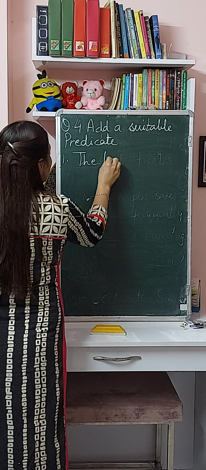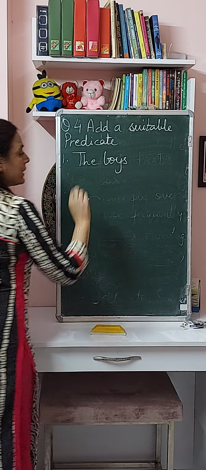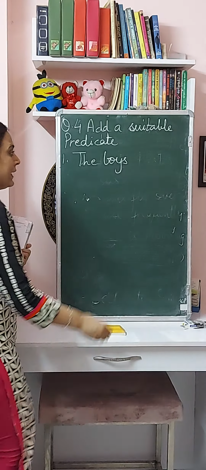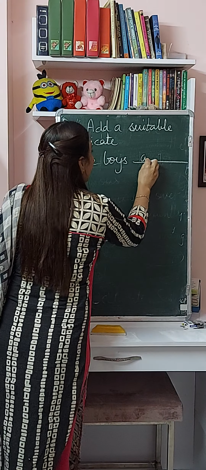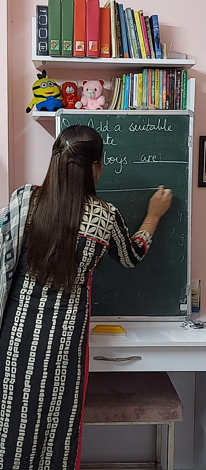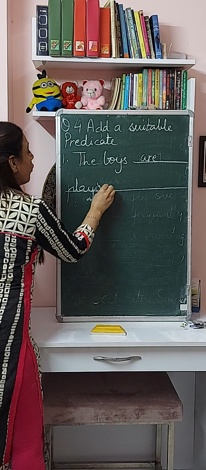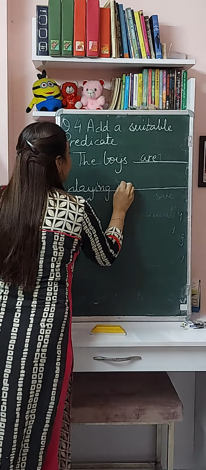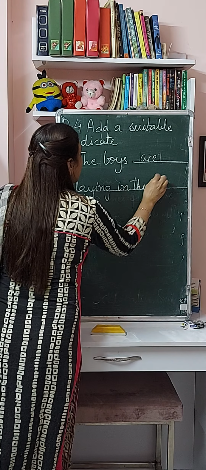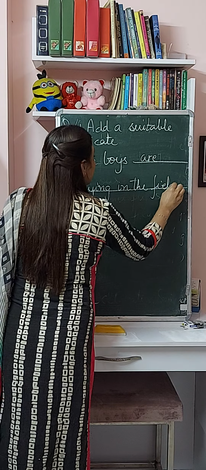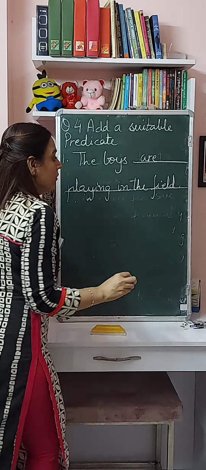The boys. So the subject has been given to us. We have to fill in the predicate. The boys are playing in the field. Or you can say the boys are playing in the field. Alright. Full stop.